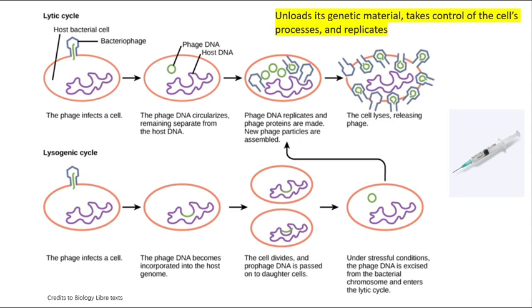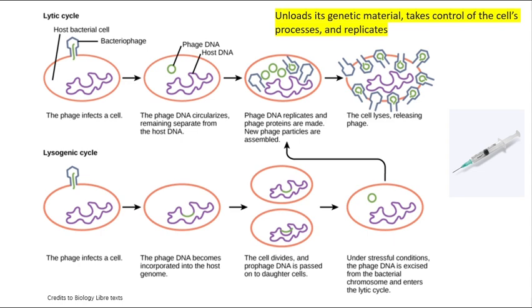In the lytic cycle, the bacteriophage attaches to the host cell and injects its DNA. This forces the host cell's enzymes and synthesis machinery to make numerous copies of the viral DNA and viral proteins. The viral proteins and nucleic acids then assemble themselves inside the host cell, making many copies of the original infecting virus.